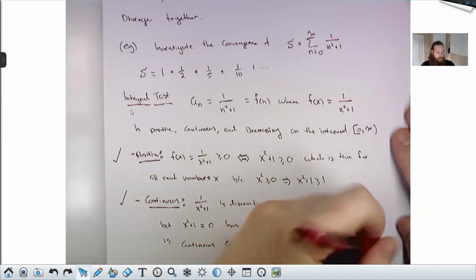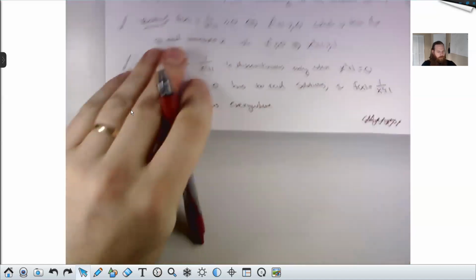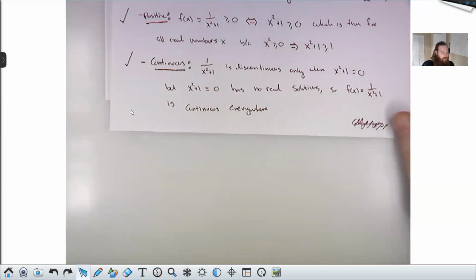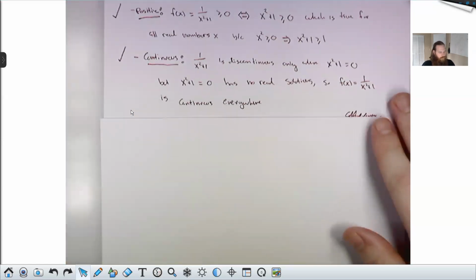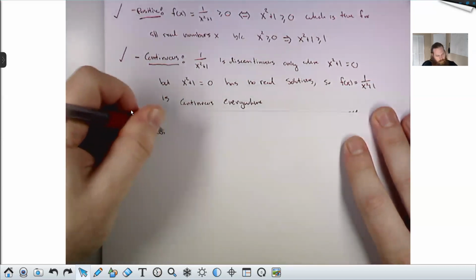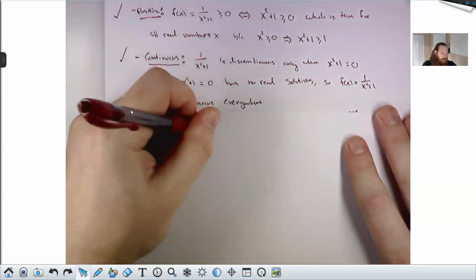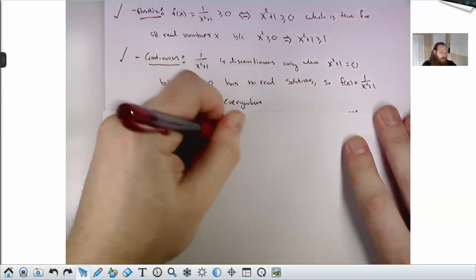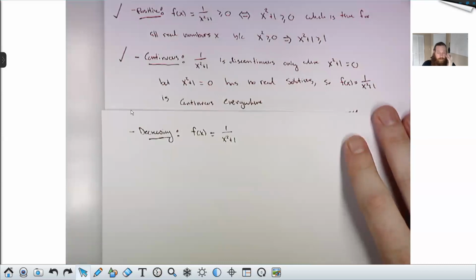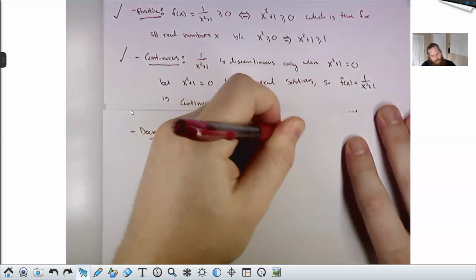The last thing we need to look for is whether or not the function f of x is decreasing. So f of x equals 1 over x squared plus 1. I want to know, is this function decreasing on the interval 0 to infinity? This has derivative, and you can check this yourself.